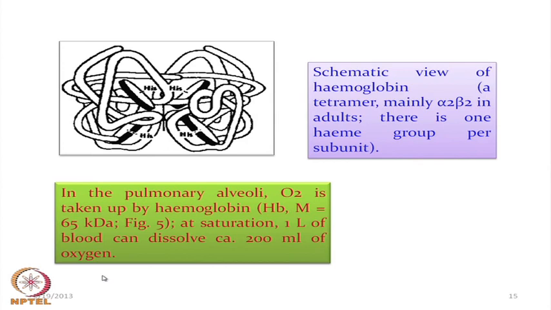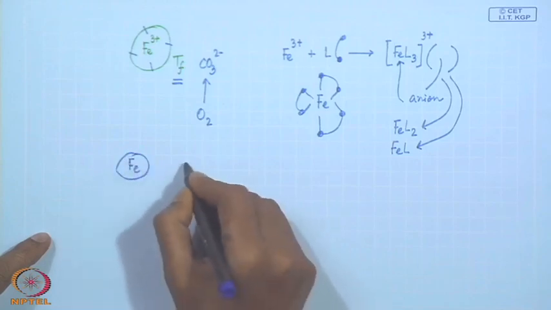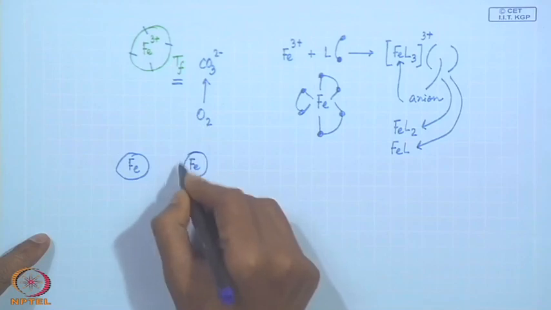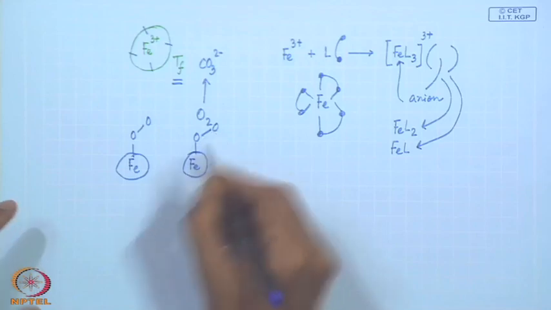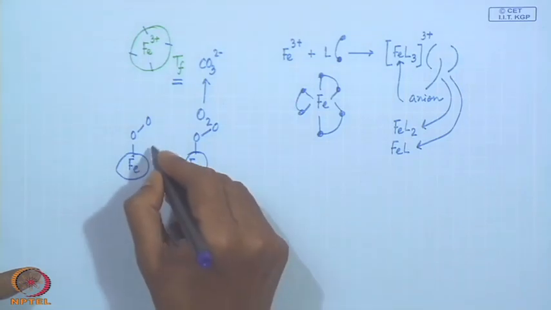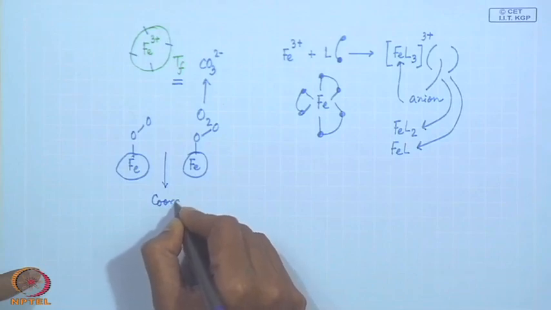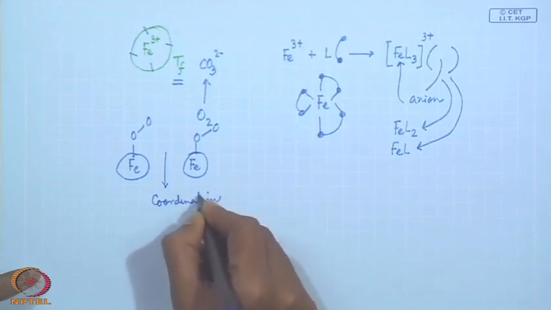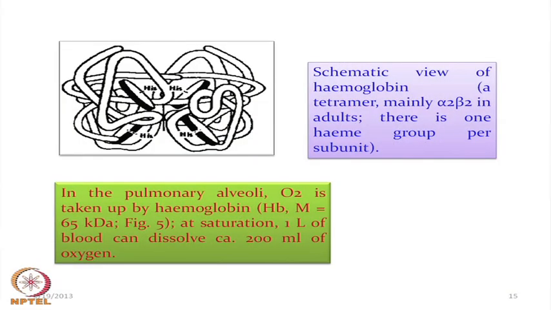So, a huge amount of oxygen can be stored, and in all these cases, the individual groups go for this O2 coordination, and 1 liter of blood can store 200 ml of oxygen, all due to the typical coordination. So, the coordination chemistry plays an important and vital role for this iron storage as well as for the coordination of the dioxygen molecule.